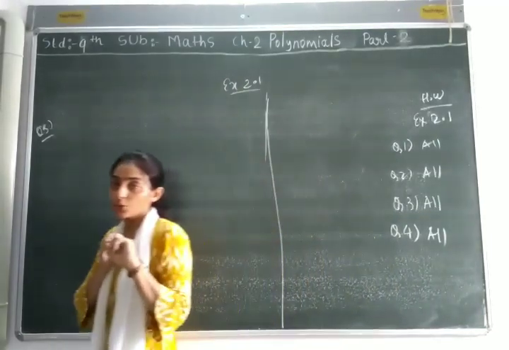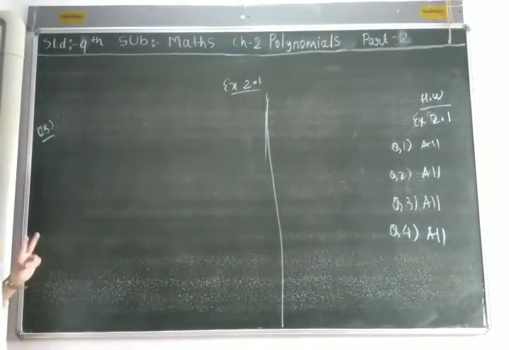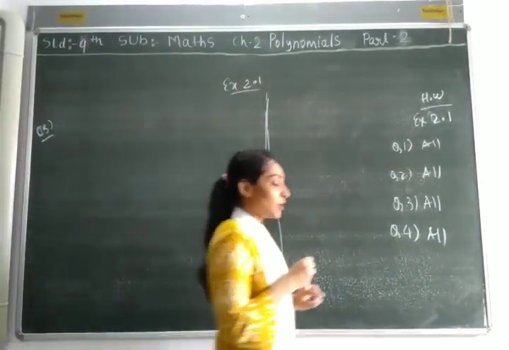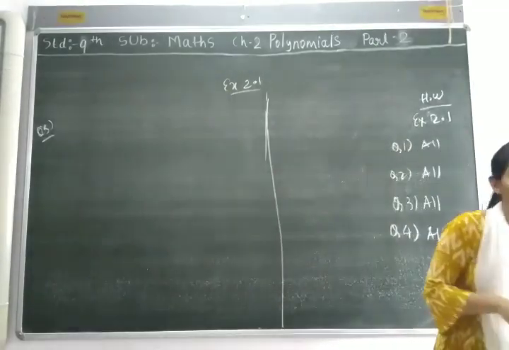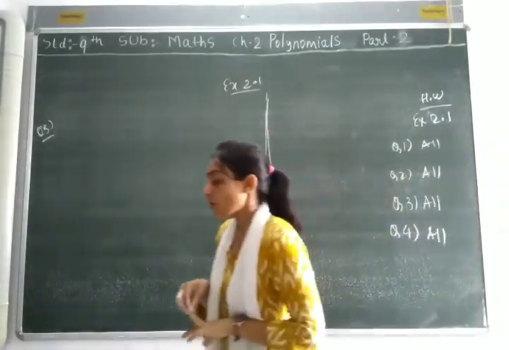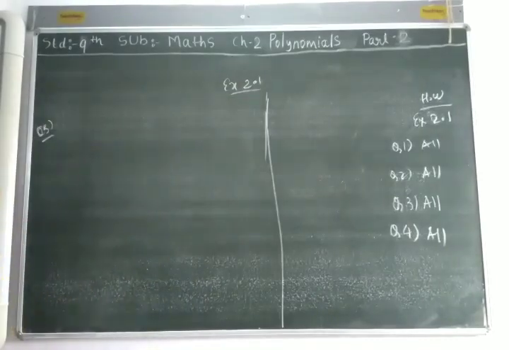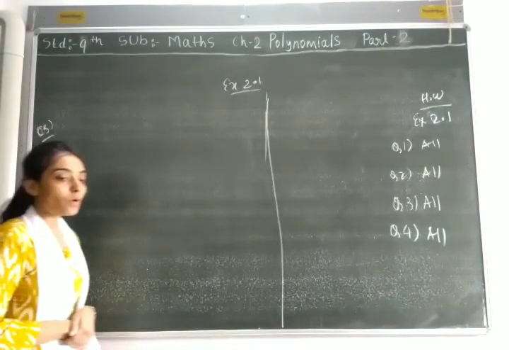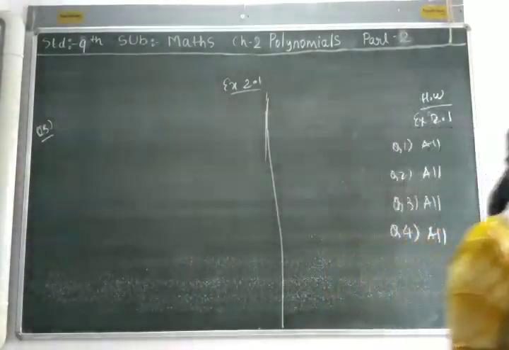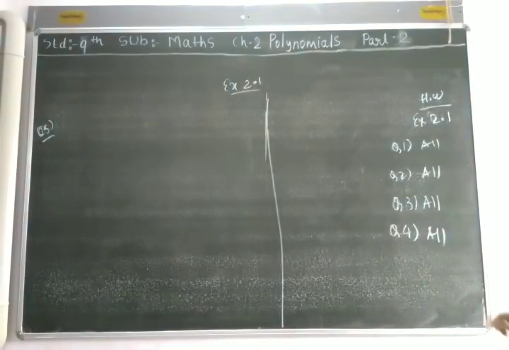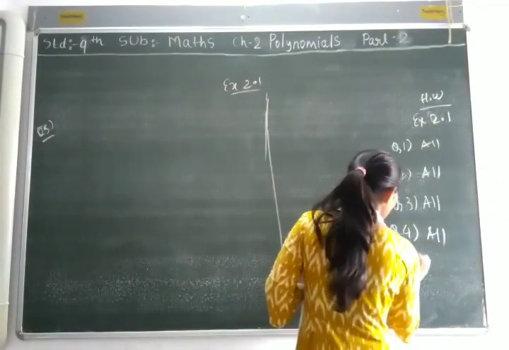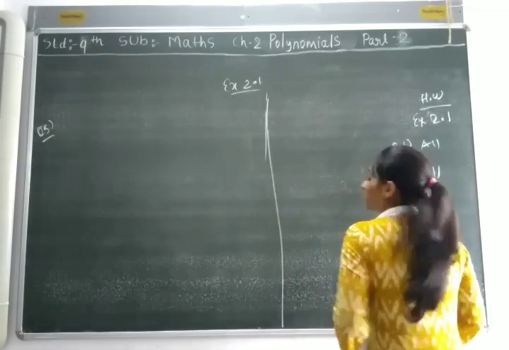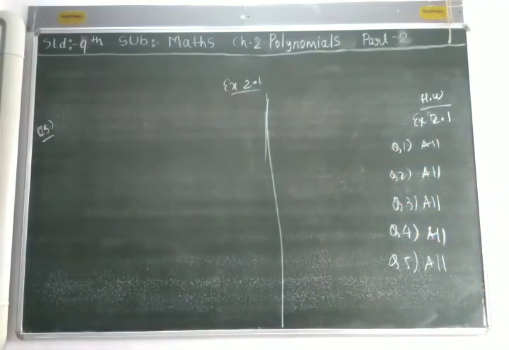In quadratic, my degree should be 2. In cubic, my degree should be 3. Likewise, you can classify all those examples. So all the examples in question number 5 you have to solve.